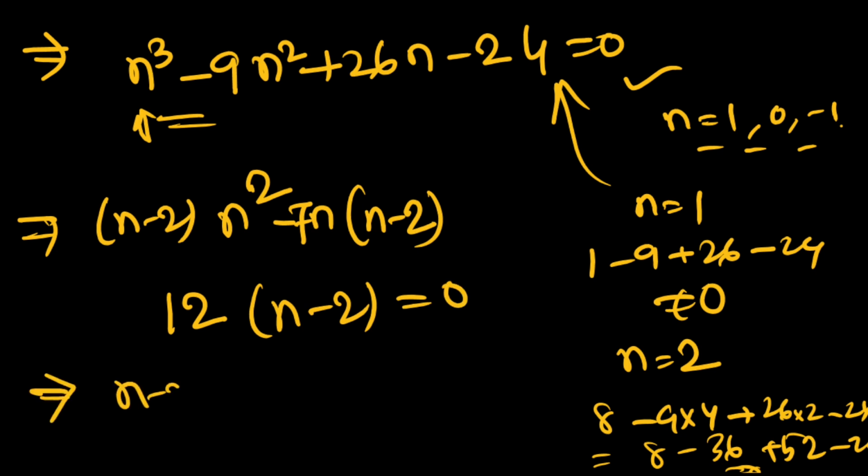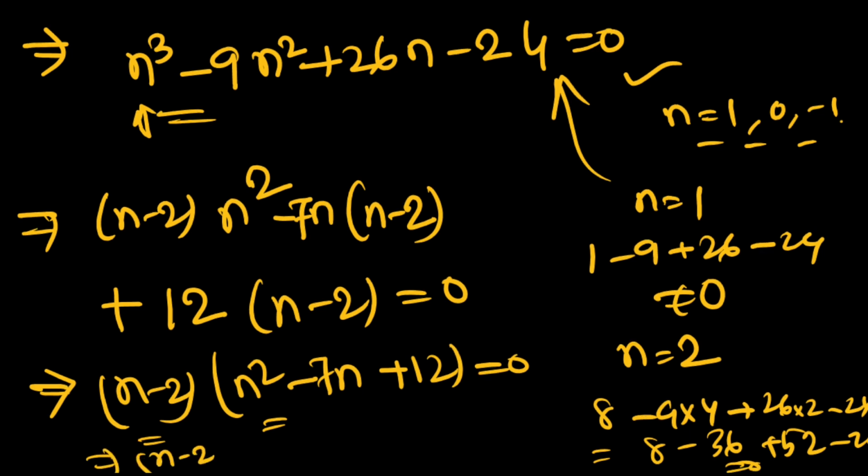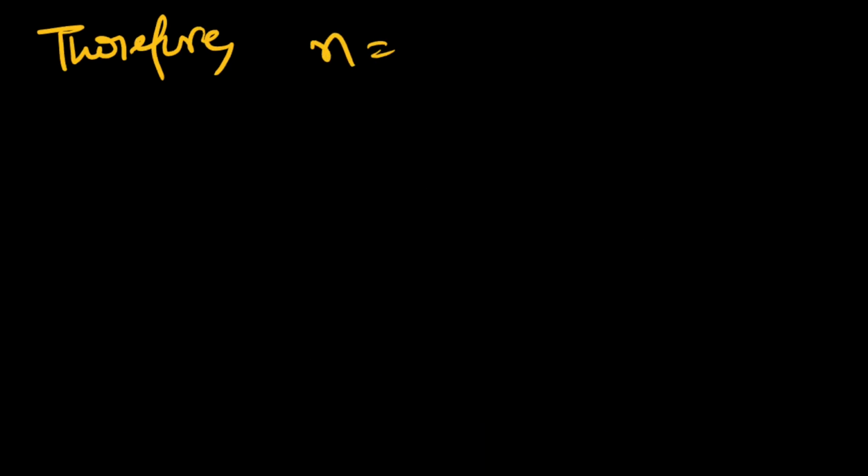So n minus 2 is common: n minus 2 times n square minus 7n plus 12 is equal to 0. So we get two factors, n minus 2 is linear and the other is quadratic. Break it easily: it is n minus 2, n minus 3, n minus 4 is equal to 0. Therefore the values of n are 2, 3 and 4.